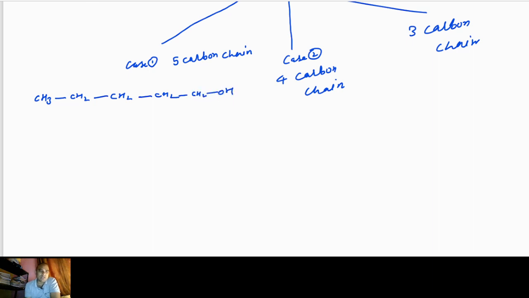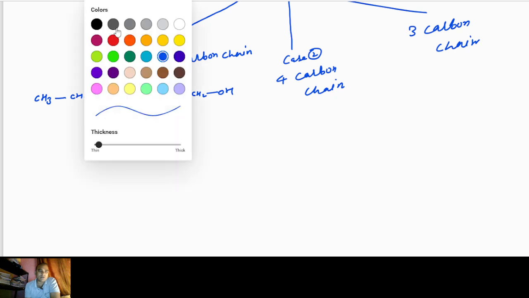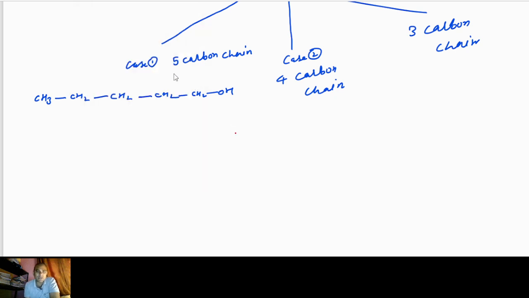If you count, this is 1, here is 2, this is 3, here is 4, this is 5. So what will be the name? Pent, this is pentan-1-ol with a single bond. Now this 5 carbon chain, let it be, and just shift the OH group.